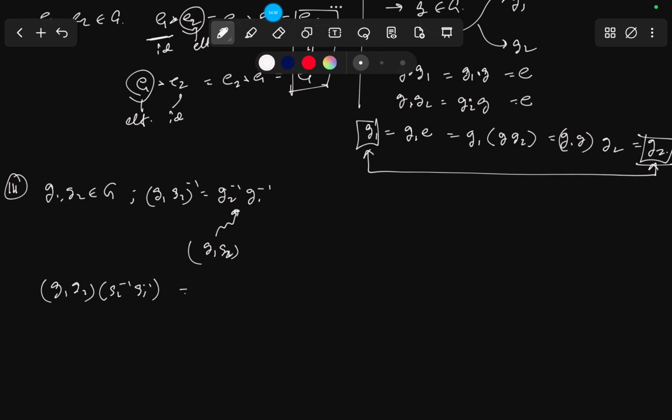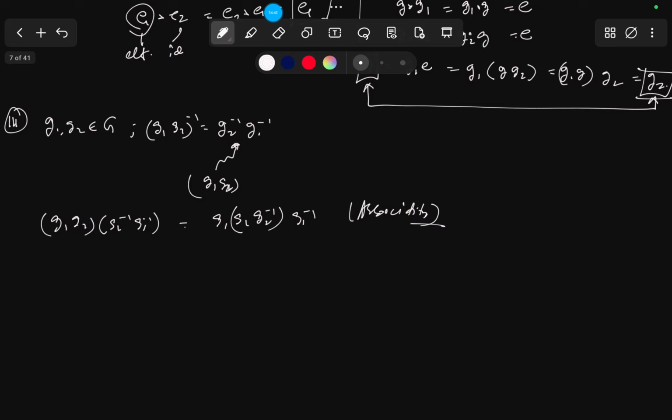By associativity, you first take G1, combine the middle terms G2 times G2 inverse, then multiply with G1 inverse.